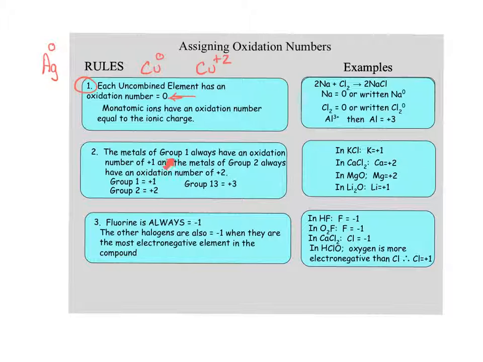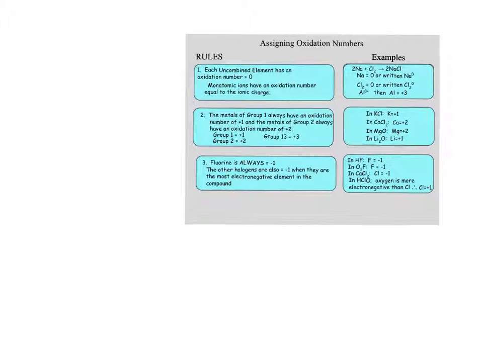Alright, the second rule says any element that's in group 1 always has an oxidation number of +1, and anything that is in group 2, the alkaline earth metals, always has an oxidation number of +2. Okay, and group 13 has a +3. So let's get a quick example of that. Let's say you have sodium chloride, NaCl.